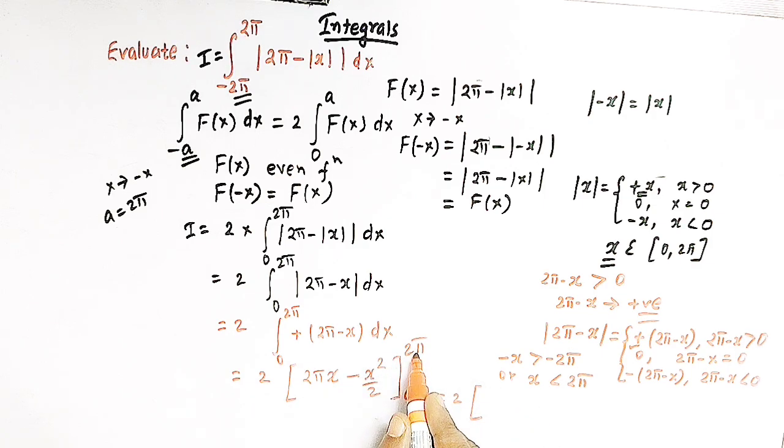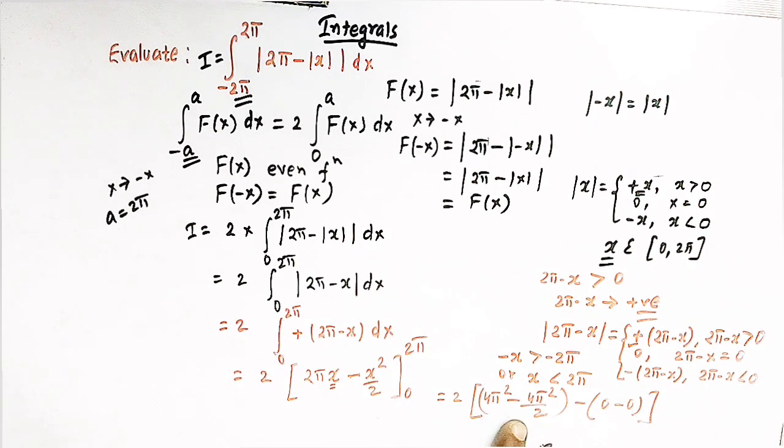So when we take x equal to 2 pi, here we have 4 pi square, and then here we have 2 pi square, that is 4 pi square over 2, and when we take x equal to 0, then both these terms reduce to 0, so we have 0 minus 0.